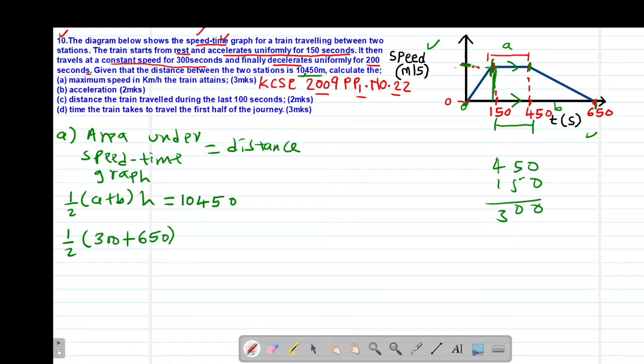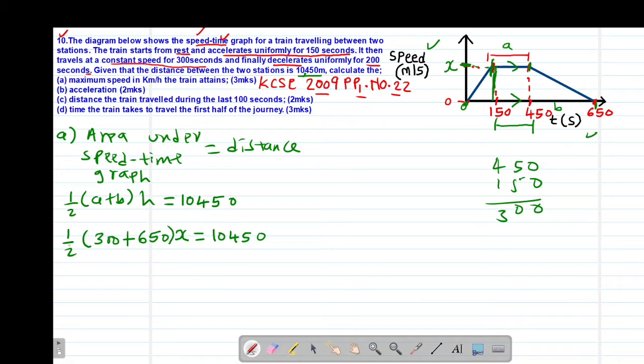So I'm going to let the maximum speed be x meters per second, because that is what we are asked to find. So the height will be the maximum speed, from 0 up to x. This is our height between the two parallel sides.